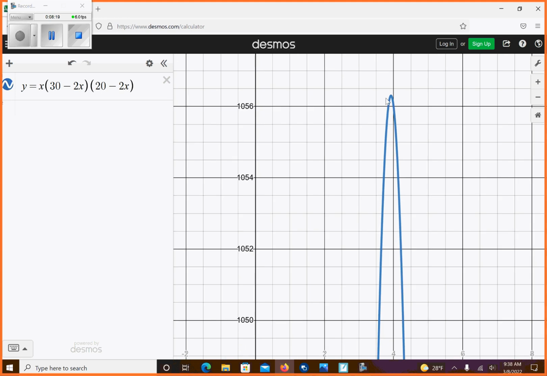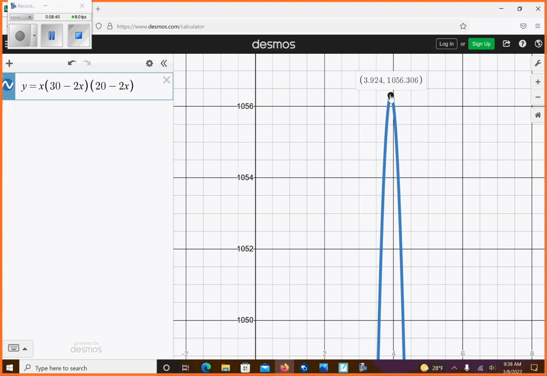So find that tip right there. So it looks like we have a 3.9 inch cut. That would give us a volume of our box of roughly 1056.3. That's how you do that problem.